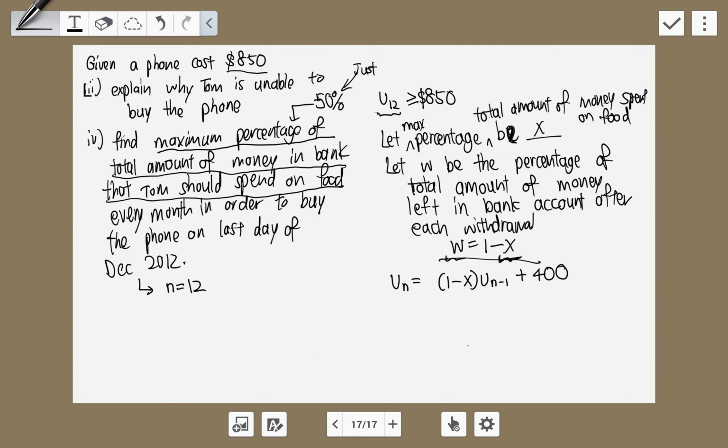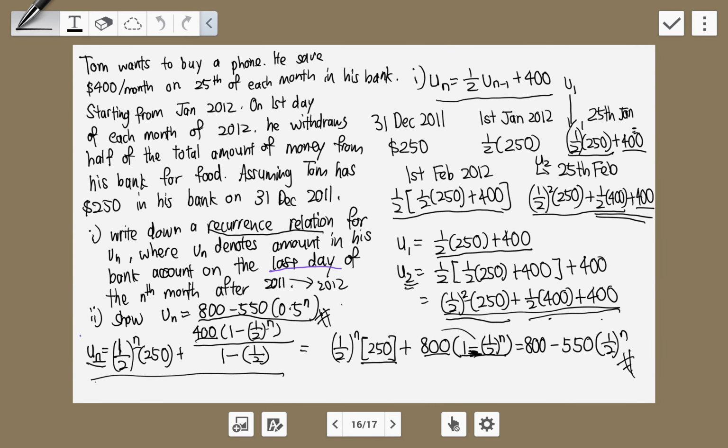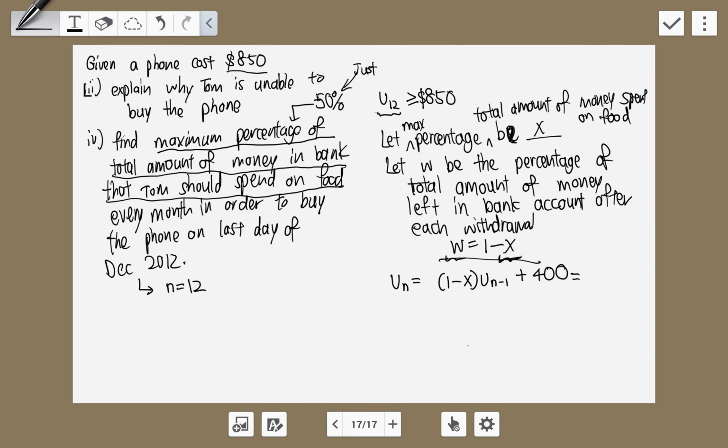This would be my new expression. It could also be written as Wn minus 1 plus 400. We are still crediting $400 to the bank account. It's just that the percentage withdrawn from the previous total amount is different. So this is the percentage of total amount left.